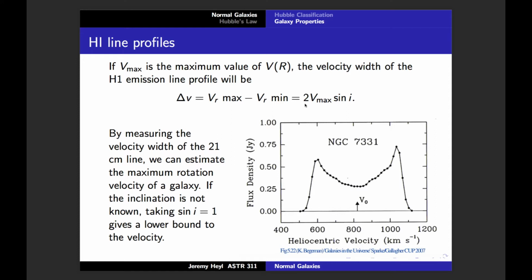So for this galaxy, we don't necessarily know what the inclination is. We can estimate it from the shape it appears to have on the sky. But what we can do is figure out, for a whole bunch of galaxies, how fast they're rotating.